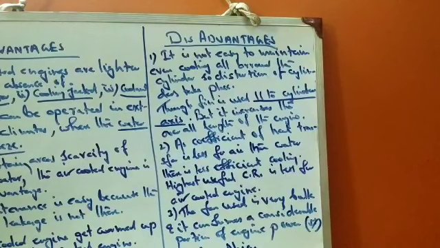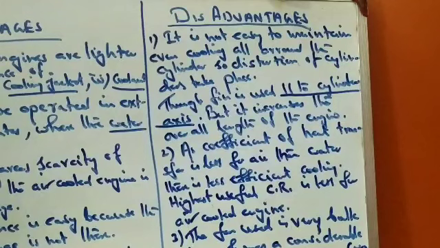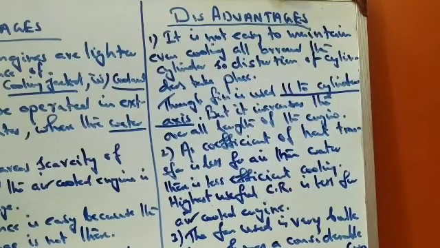Now number 2, the coefficient of heat transfer is less for air than water, so less efficiency is achieved for air cooling system. The coefficient of heat transfer of water is much higher than that of air.